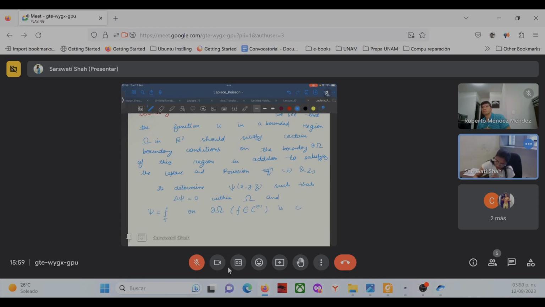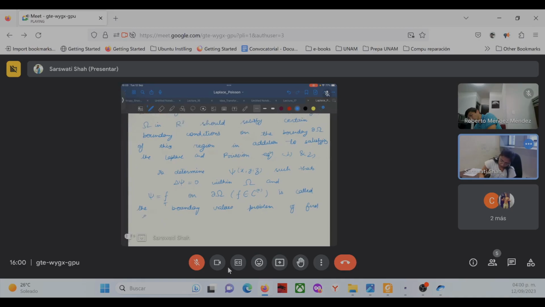This is called the boundary value problem of first kind or the Dirichlet problem.